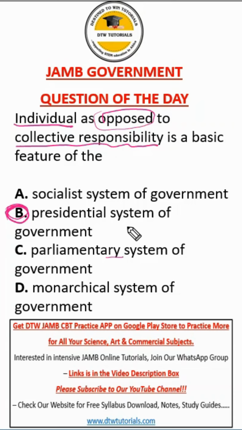He is responsible for every decision and action he takes. But collective responsibility is a feature of the parliamentary system of government, where all the executive are responsible for the decision that was taken.